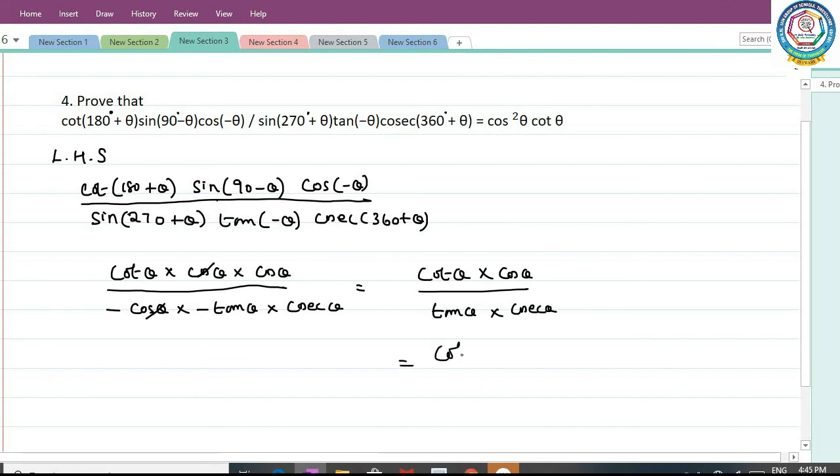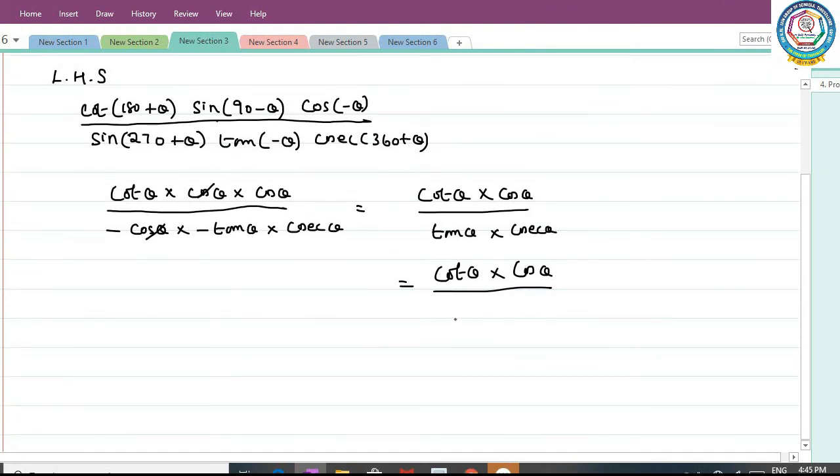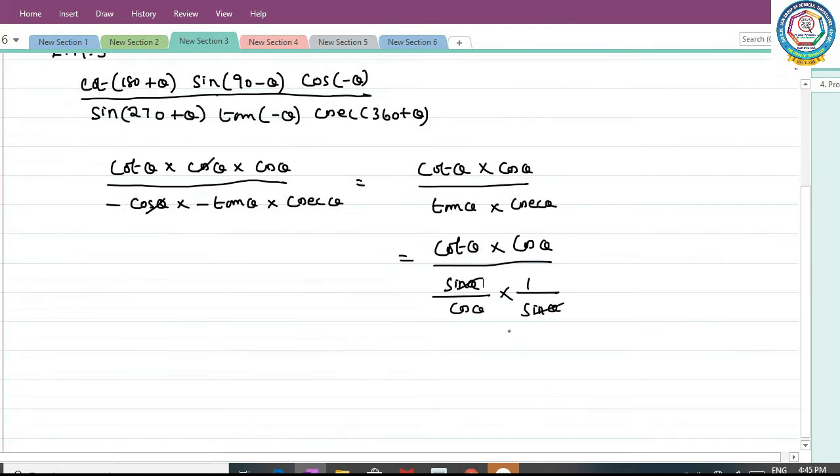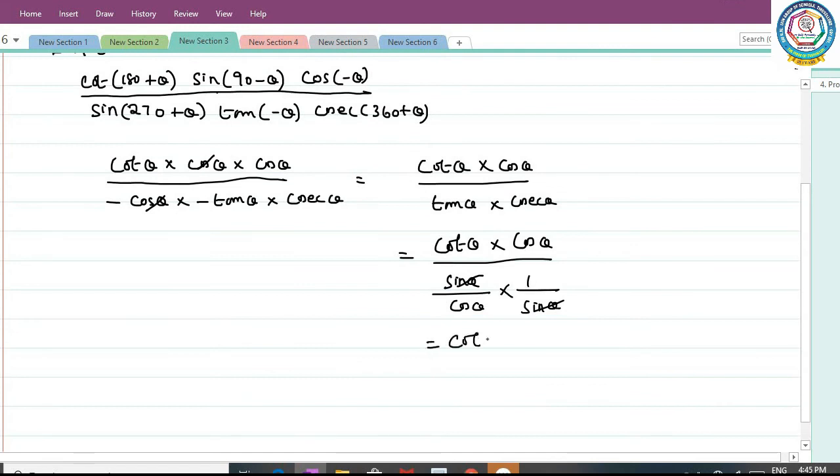So next step, cot theta into cos theta, tan theta can be written as sin theta by cos theta, into cosecant theta, which can be written as 1 by sin theta. Sin theta will cancel. So what is the remaining term? Cot theta into cos theta. So 1 by cos theta will come as a reciprocal. So here cos theta, that is equal to cot theta into cos square theta.